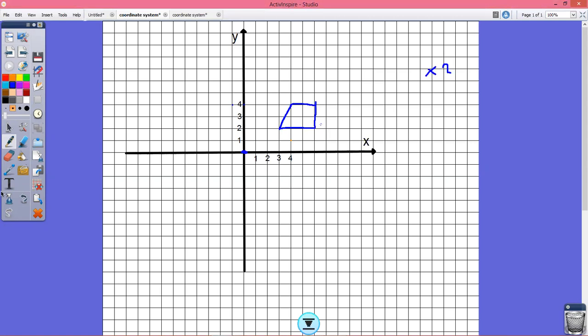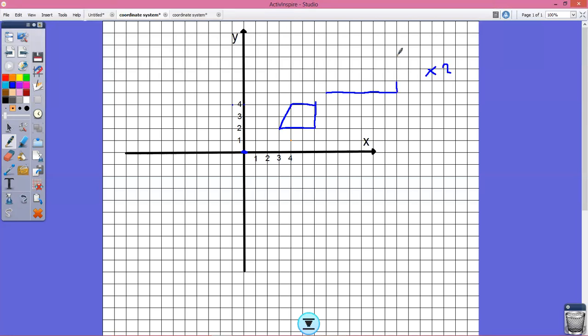Now, what will be the new shape? Doubling this side, 1, 2, 3, 4. Okay, let's say it's 1, 2, 3 units. It will be 1, 2, 3, 4, 5, 6. Yes. Now this side will be up 4.